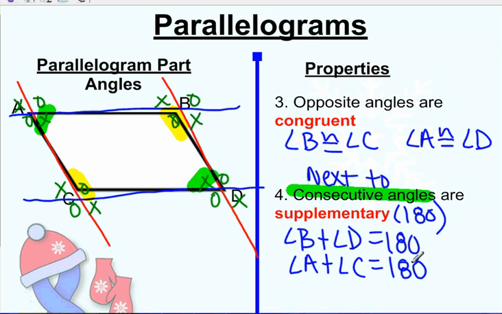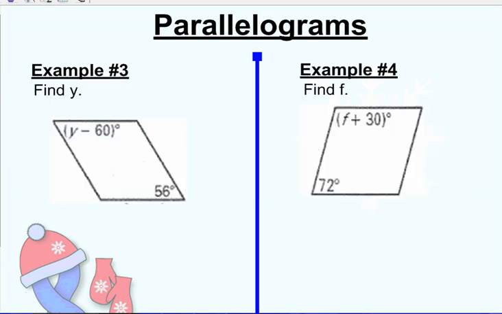So let's look at some examples, here, example 3 and 4. Looking at y, it is here in the top left corner, and then we know that 56 is in the bottom right. Notice these are opposite angles because they are diagonally across from each other. So if they are diagonally across from each other, it means that they are congruent.